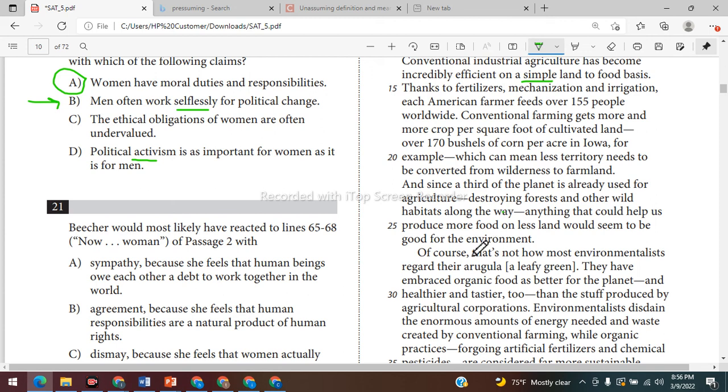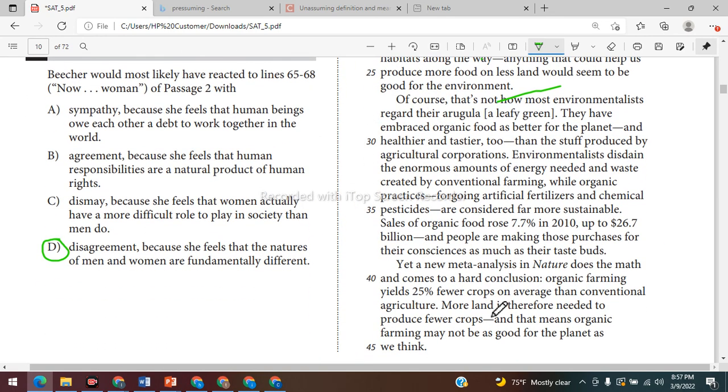So it says, of course, that's not how environmentalists regard their arugula. They have embraced organic food as better for the planet and healthier and tastier too than the stuff produced by the agricultural corporations. So how do environmentalists view conventional stuff?